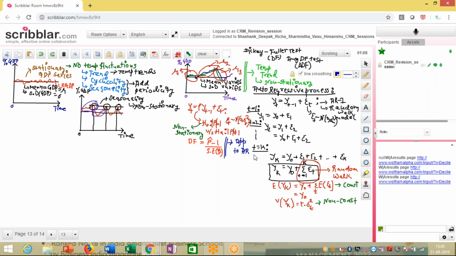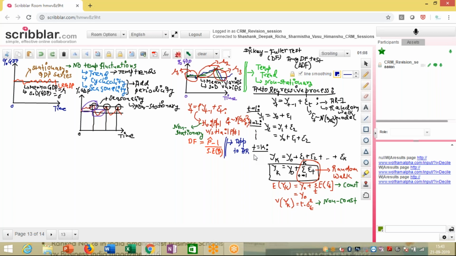And the biggest part of the augmented Dickey-Fuller test is that it could test for both AR as well as MA processes. So if you have an AR and MA process involved in the equation, it could test the stationarity of both and could finally give you the optimal lag, and it would give you more figures, right?